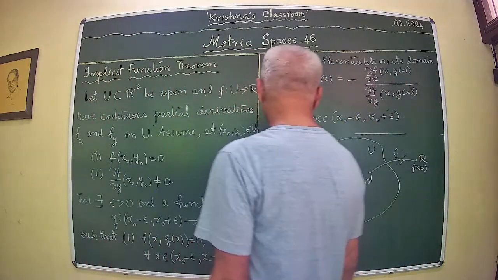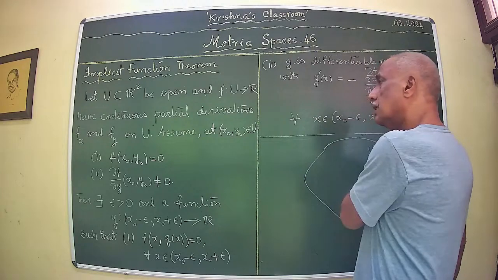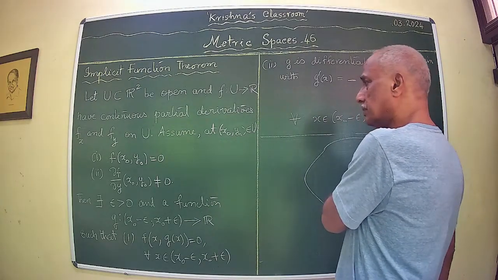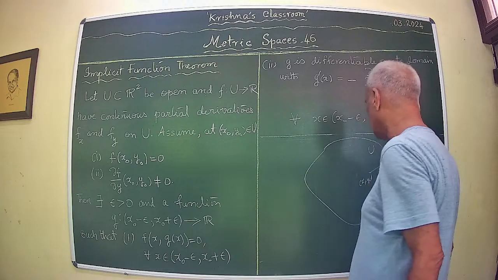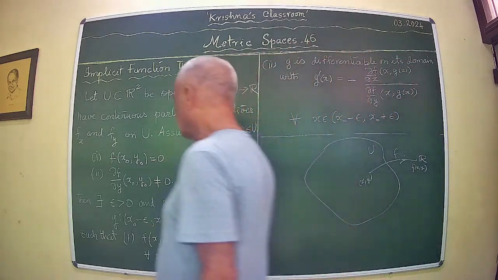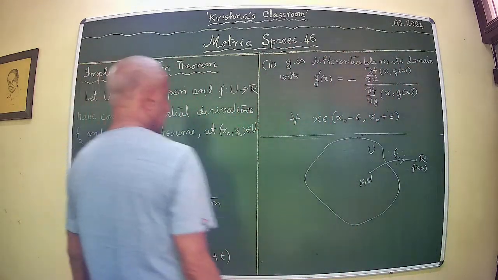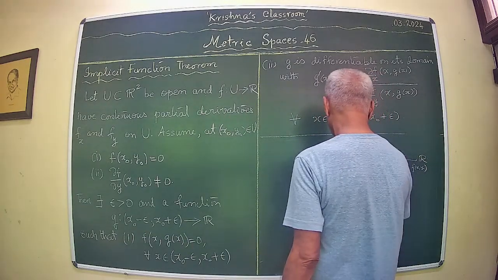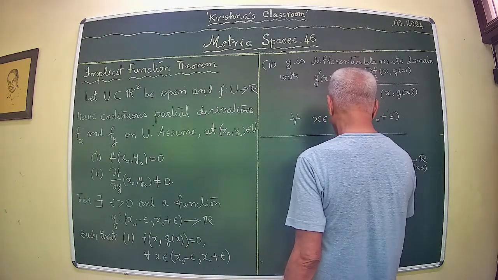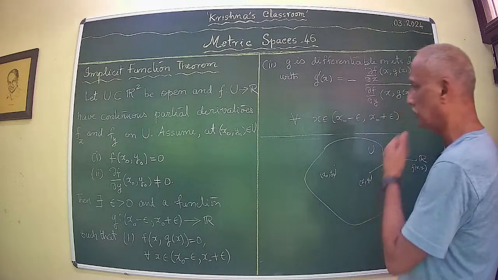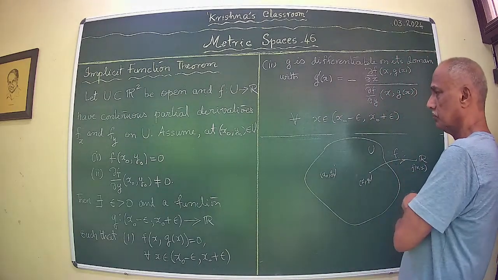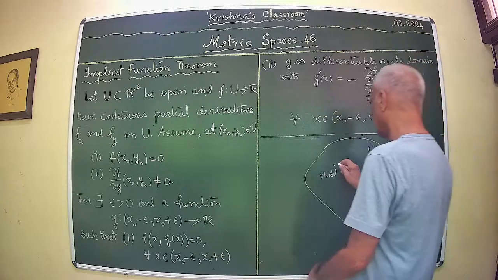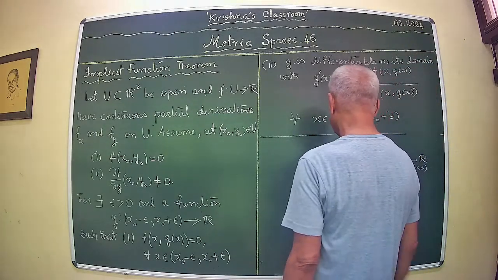And we assume that F has continuous partial derivatives F_x and F_y everywhere on it. Assume at (x0, y0) belonging to U, f of (x0, y0) is equal to 0. So here f vanishes.